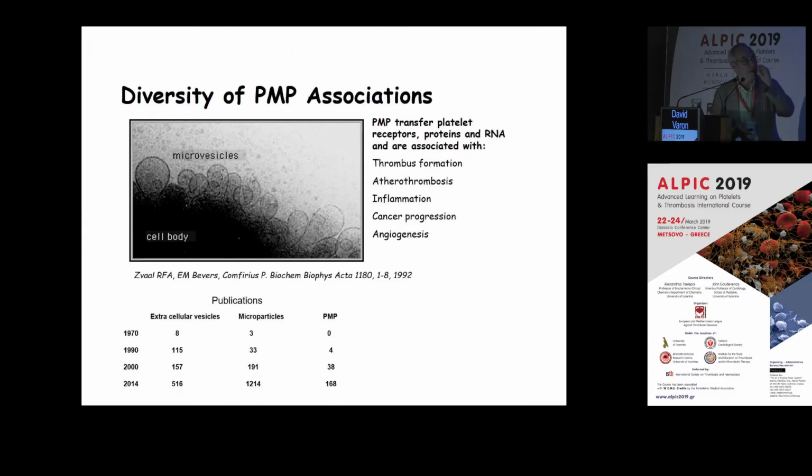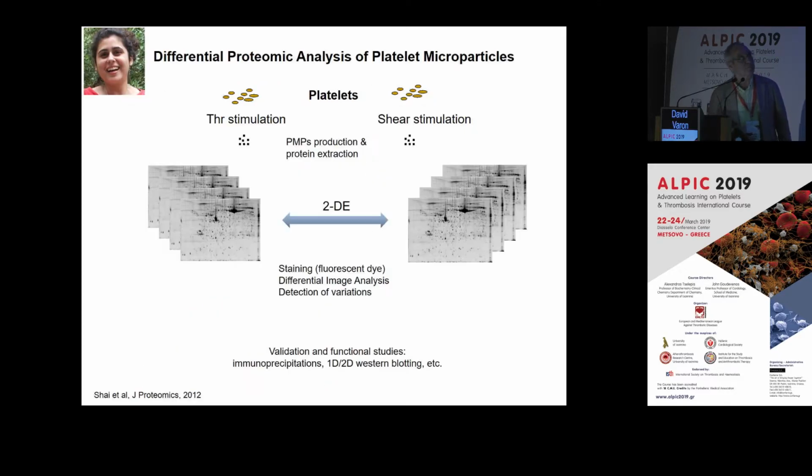Let's move now to the microparticles, and we know that they are involved in a variety of mechanisms and pathophysiological conditions. Just to show a brief increase in the interest from the 70s till quite a few years ago, you see the amount of publications. It should be much, much higher now. Now they call them microvesicles.